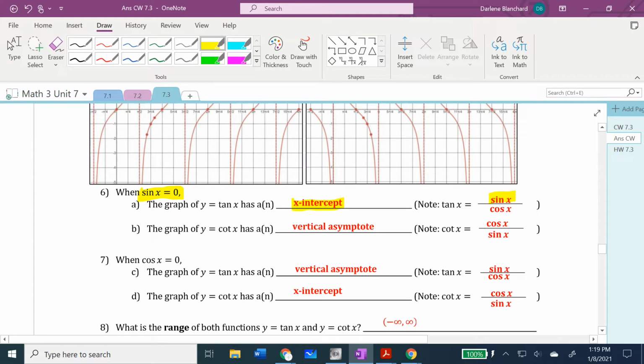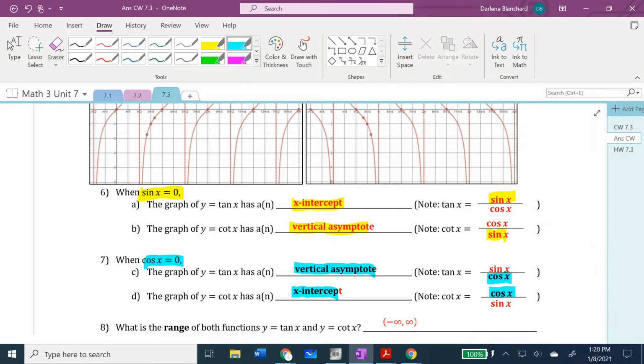But when it comes to cotangent, sine is its denominator. And if its denominator is 0, I have a vertical asymptote. And then when cosine is equal to 0, they reverse the process. Cosine is the denominator for tangent, and it has a vertical asymptote everywhere cosine is equal to 0. And cosine is the numerator on cotangent. So that means when cosine is 0, you have x-intercepts.